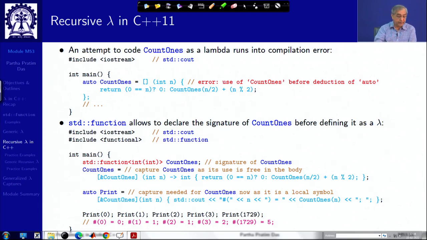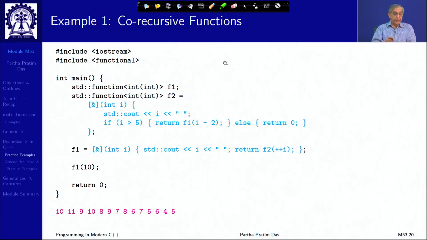In the remaining few slides, which I am not going to discuss, I have given a number of practice examples. This is an example of a co-recursive lambda between f1 and f2. f1 actually calls f2 and f2 calls f1.